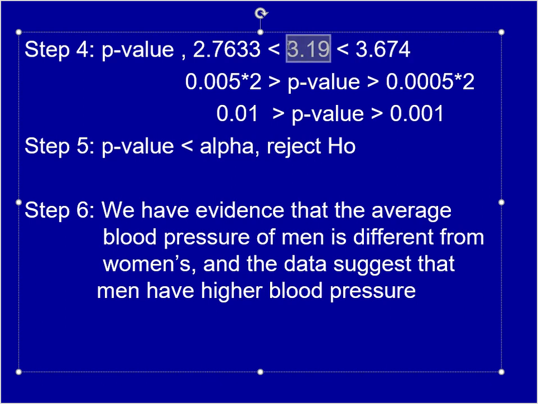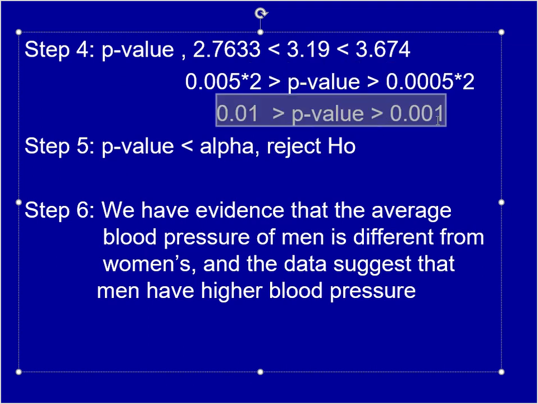Your t is in between, meaning that the probability of that is between the two areas. But notice what I did is I automatically took the 1 minus the two areas, and I also multiplied by 2 so that I get a p-value. And therefore, my p-value is between 0.01 and 0.001.